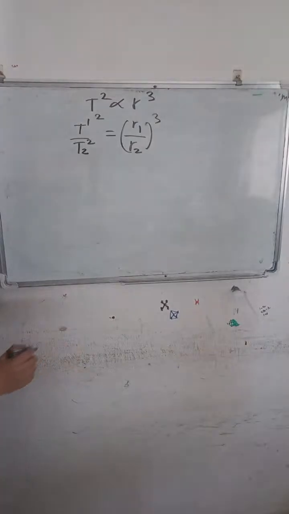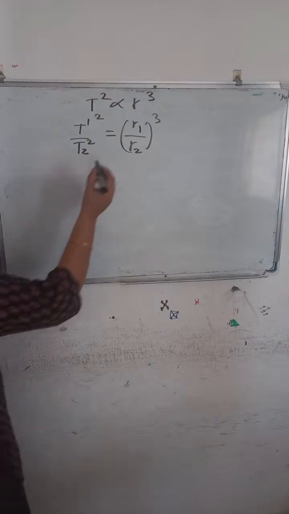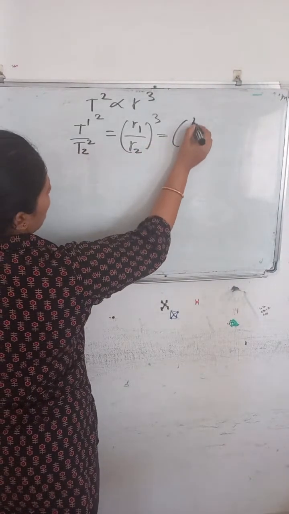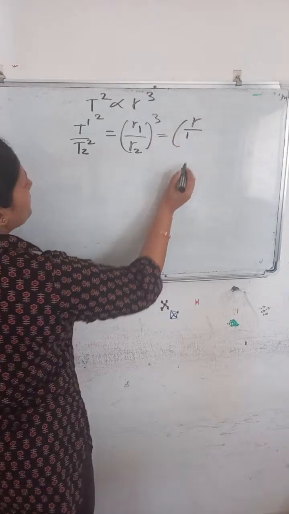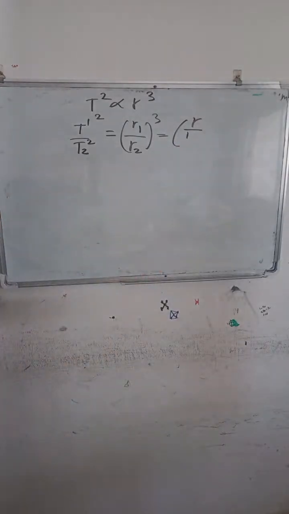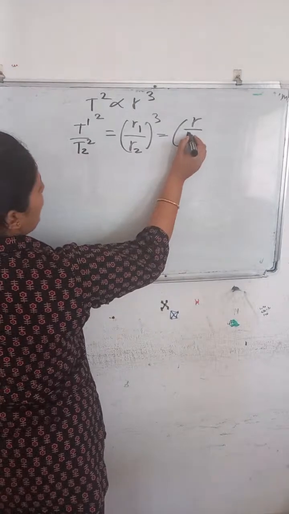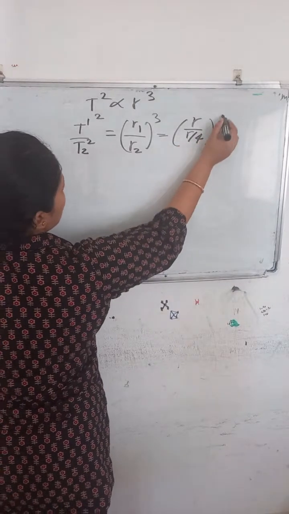Okay, this is what we can write, and they are saying here 1/4 of the distance. So the radius of the second orbit is r by 4, raised to 3.